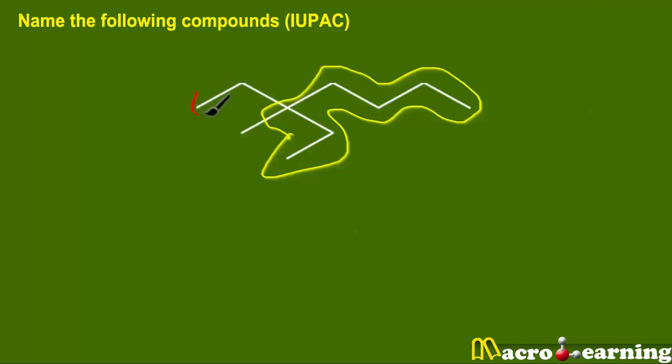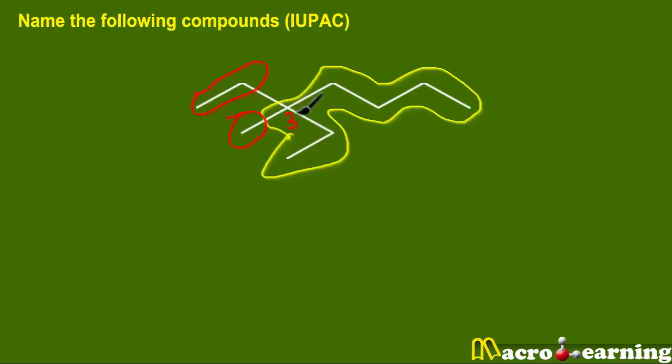Which again is pretty straightforward. We have the ethyl group here and the methyl group here, right? So about the numbering, pretty obviously we're starting numbering on this side and go 1, 2, 3. So both the methyl group and the ethyl group are on carbon number 3, right?